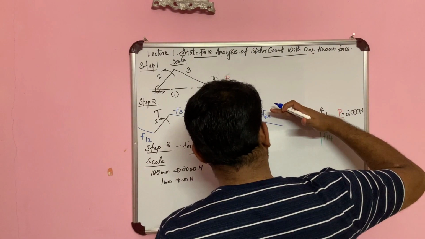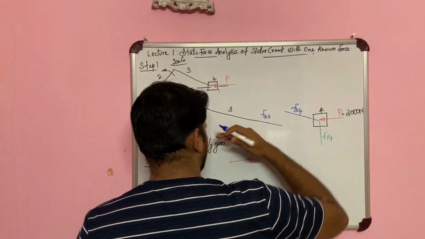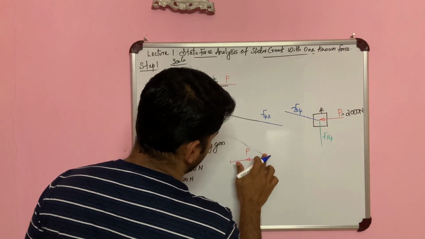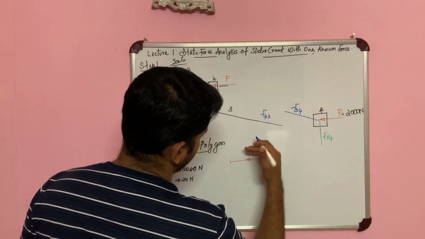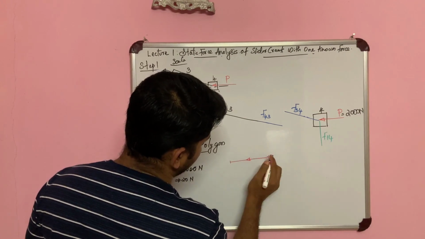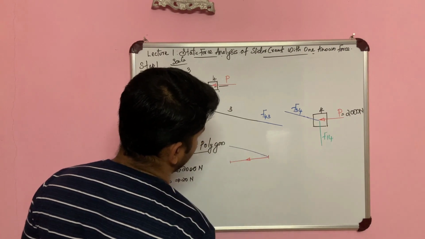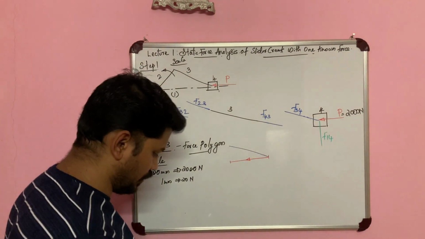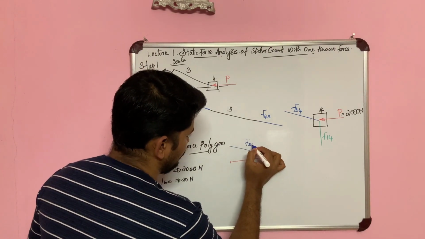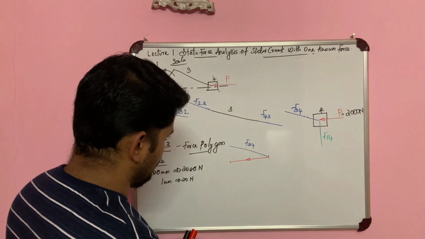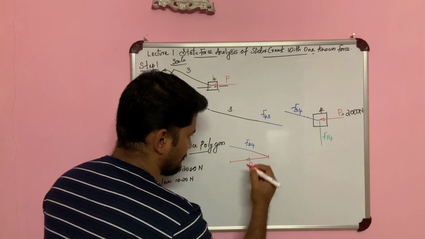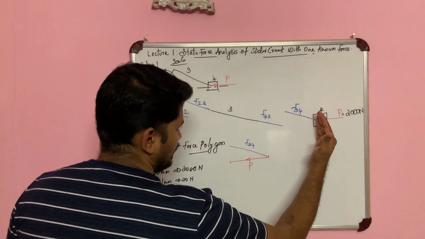So parallel to this F34 I'm drawing over here F34, and this is my P. Now what am I left with? I have F14.